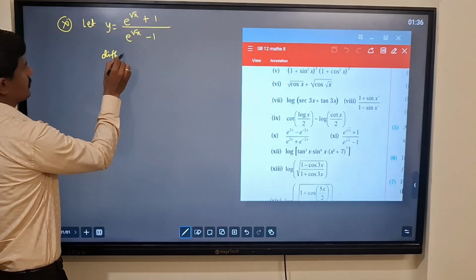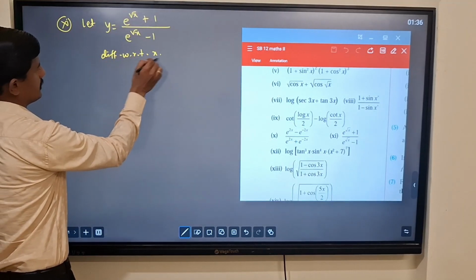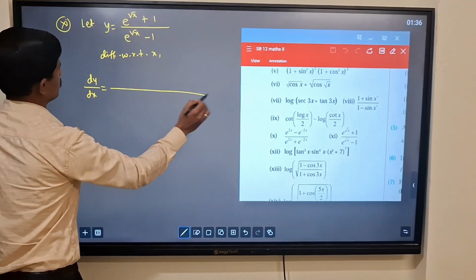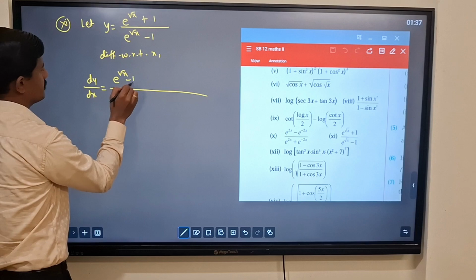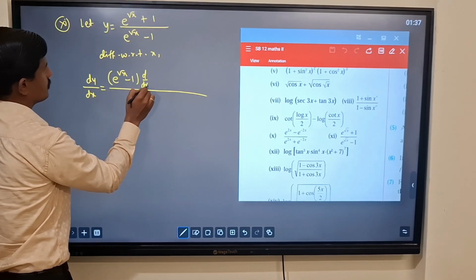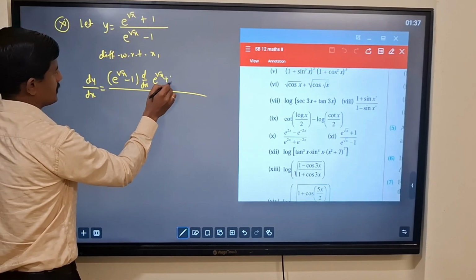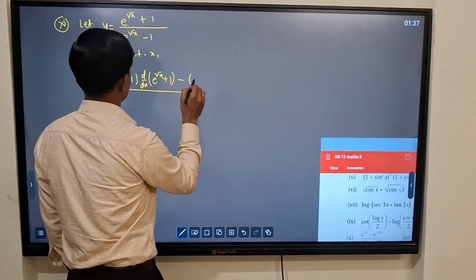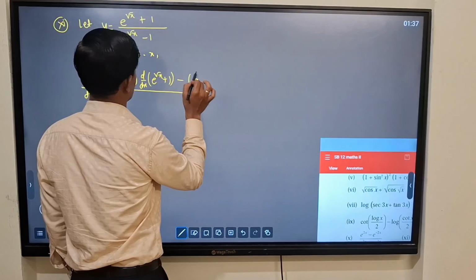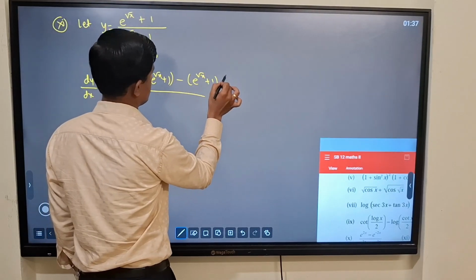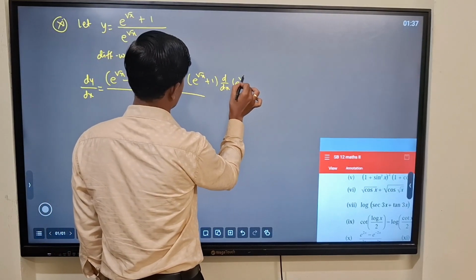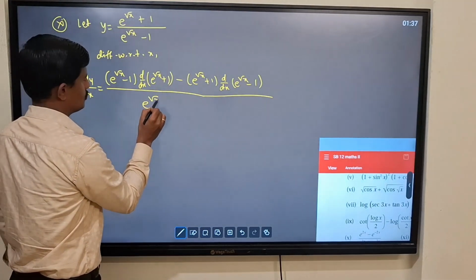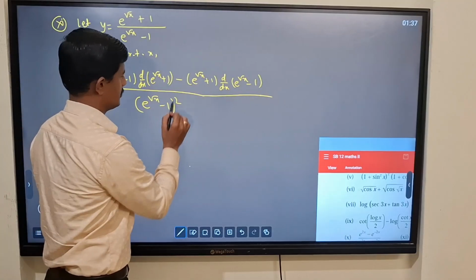Differentiate with respect to x. We get dy by dx is equal to e raised to root x minus 1 d/dx of e raised to root x plus 1, minus e raised to root x plus 1 d/dx of e raised to root x minus 1, upon e raised to root x minus 1 whole square.